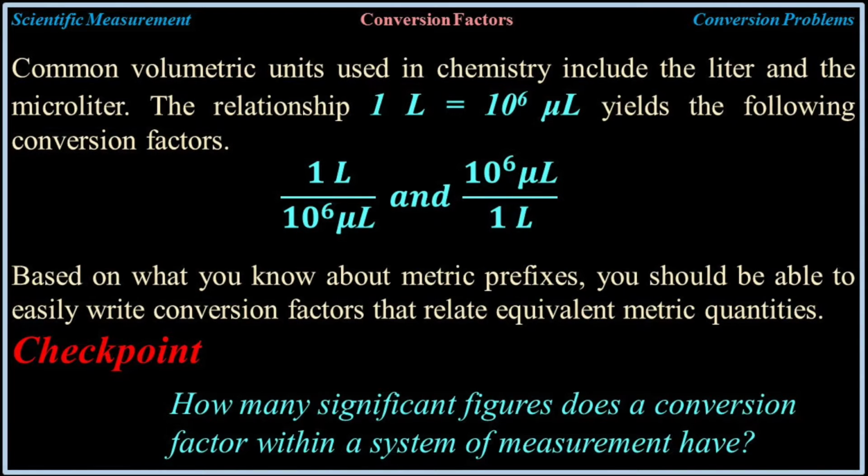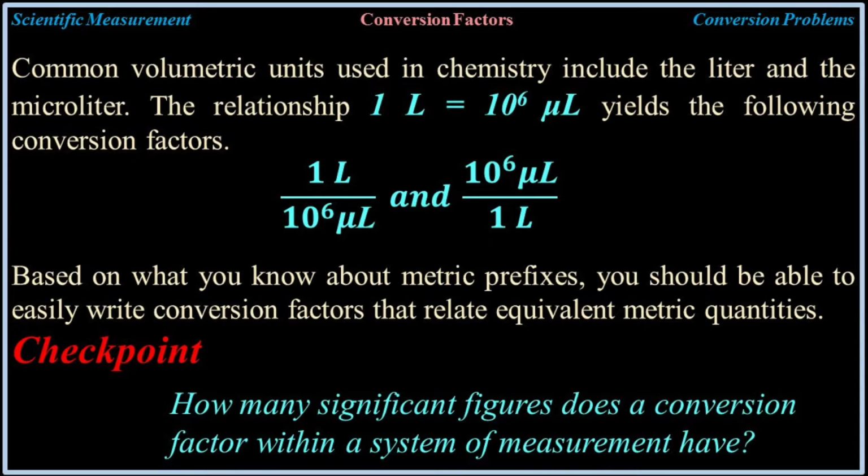Common volumetric units used in chemistry include the liter and the microliter. The relationship 1 liter equals 10 to the sixth microliters. Micro is millionth, 10 to the negative sixth. So there's a million microliters in a liter, which yields the following conversion factors: 1 liter over 10 to the sixth microliters, and 10 to the sixth microliters over 1 liter.